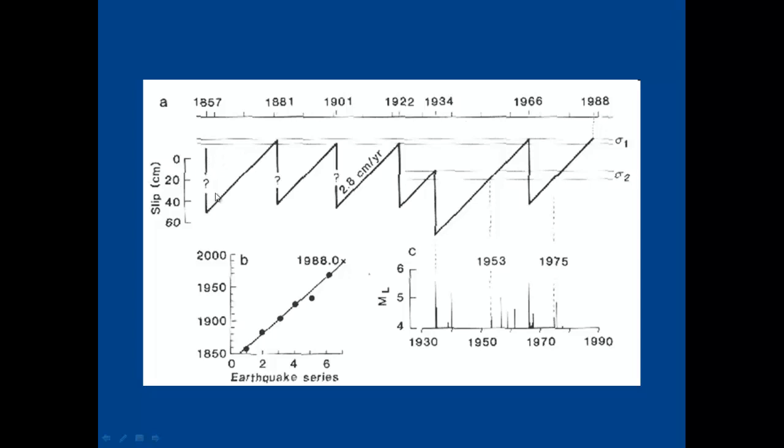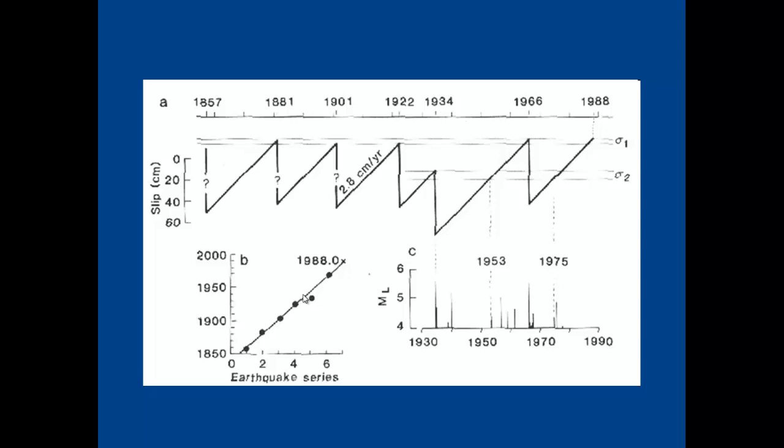And then nothing occurred until about 1881, and then a large scale offset occurred, again about 50 centimeters or so. 1901, 1922, 1934, each of these events showed very similar slips after a very similar period of time. Each of these events that occurred were very regular and very similar to the ones that occurred in the past.